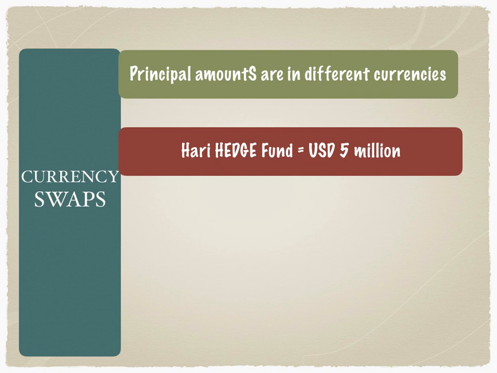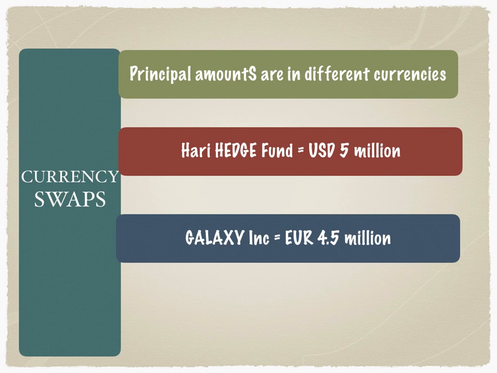Let's say, for example, Hari Hedge Fund, which is my favorite hedge fund, wants to do a swap of USD 5 million, and it enters into a swap deal with a company called Galaxy Inc., which has an equivalent exposure of EUR 4.5 million.